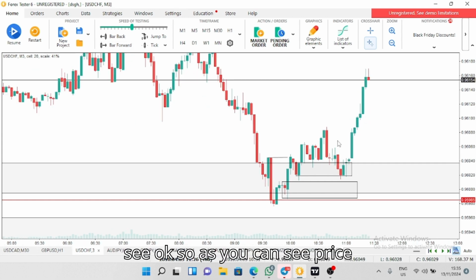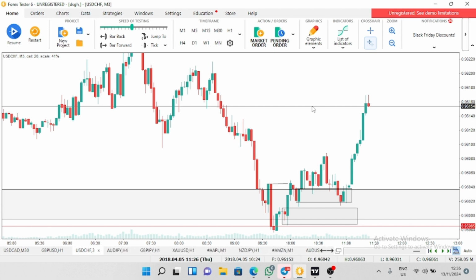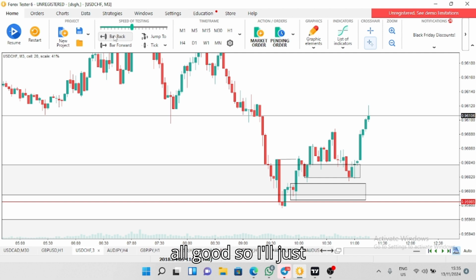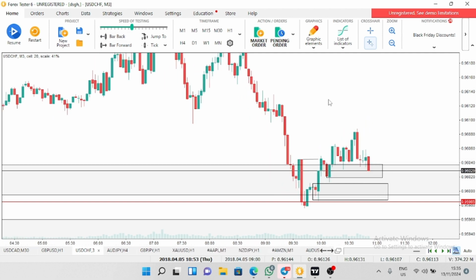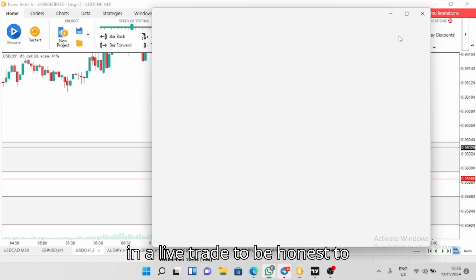Okay, so as you can see, price tapped this first zone. Price didn't fail to come back to this zone, and it's good. So I'd be wrong if this was a live trade.